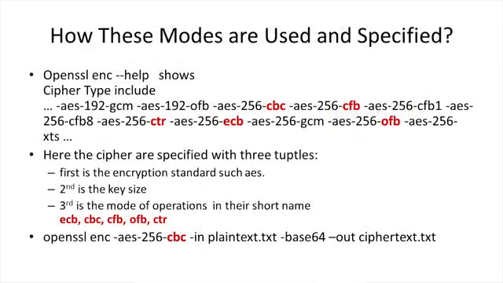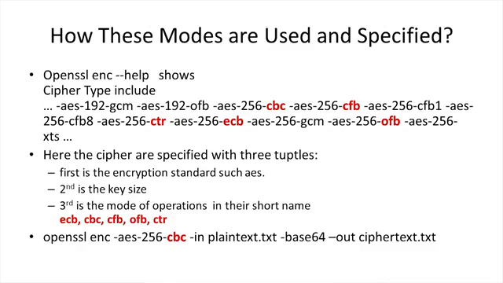Here we show how the cipher modes of operation are used in tools such as OpenSSL to specify the actual encryption and decryption operation. In the OpenSSL utility command, for the cipher type option, you can use --help to list them.